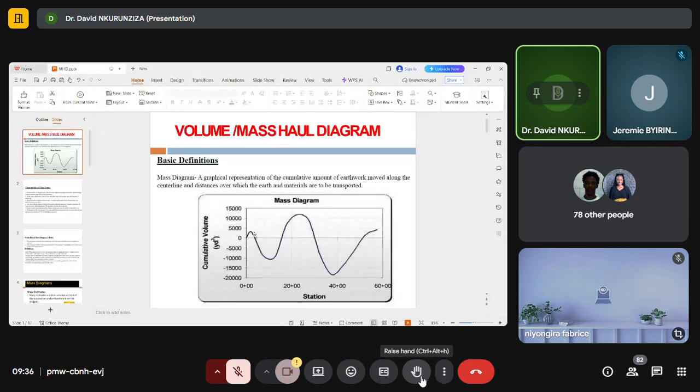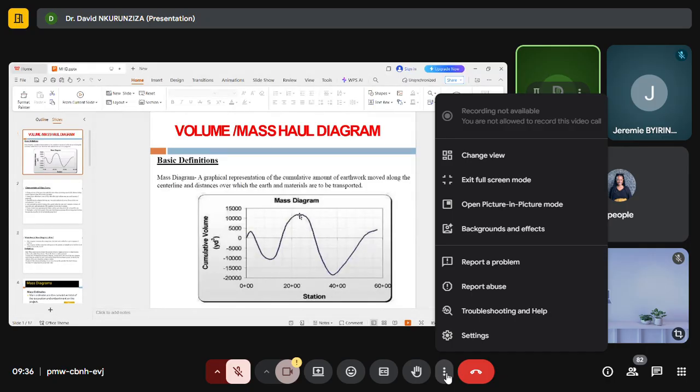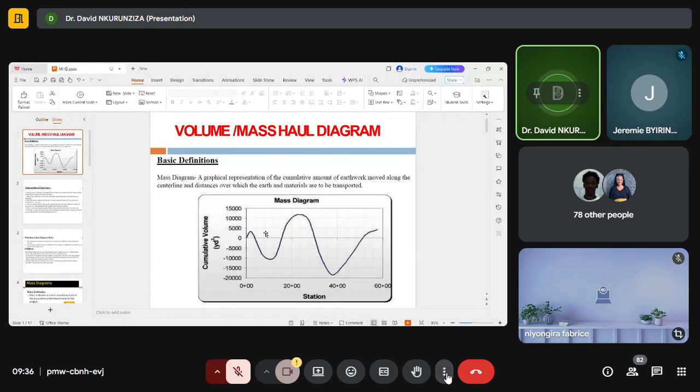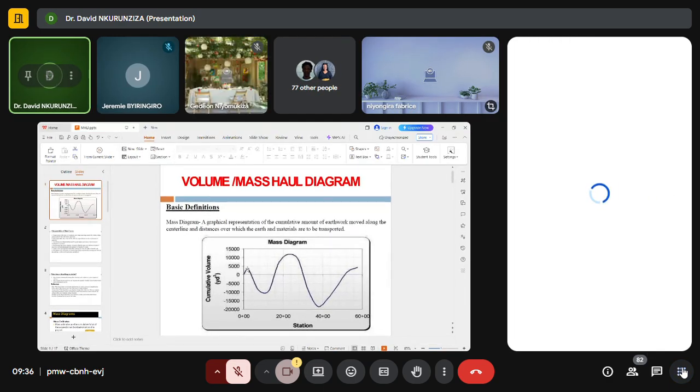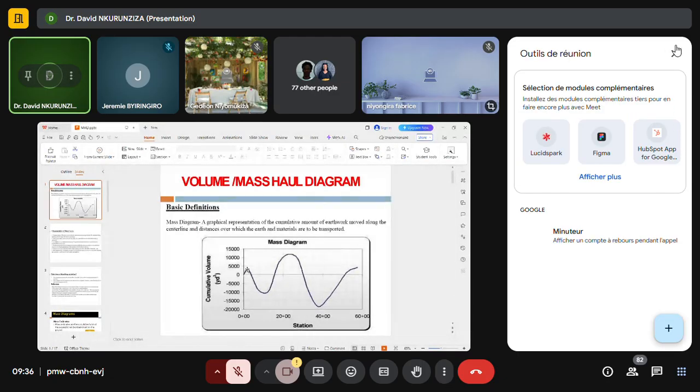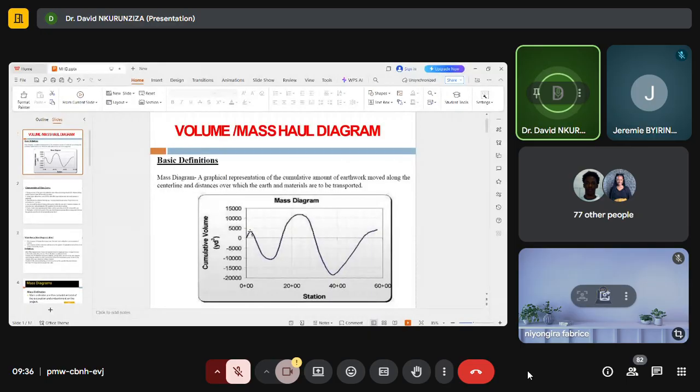For example, let's call these points P1, P2, P3, P4. If this is P1, you can see from this chainage coming up to here, this is a cut because it is rising. When the curve is rising, it is a cut. So now this point of zero slope indicates the change from cut to fill. Now from this point, we are filling up to the point P2.